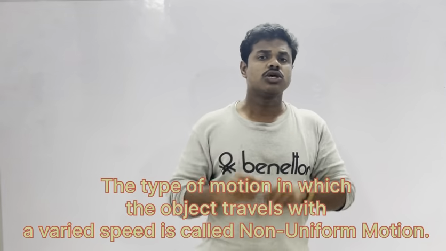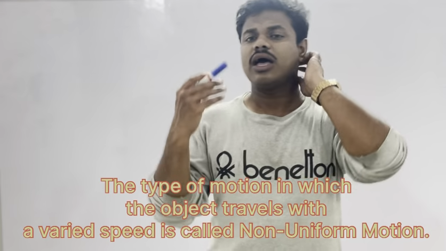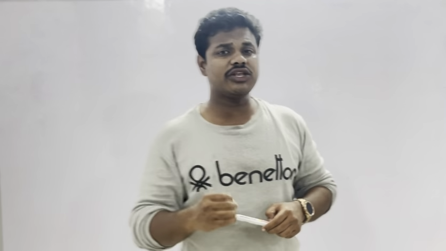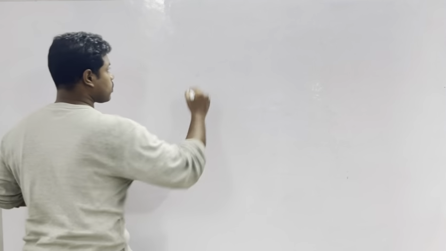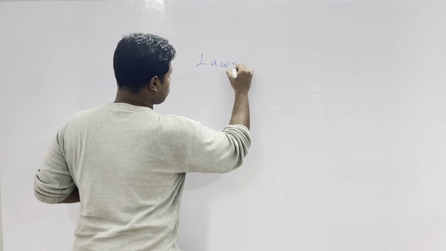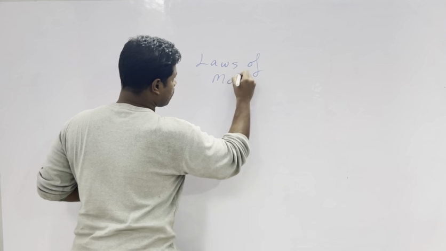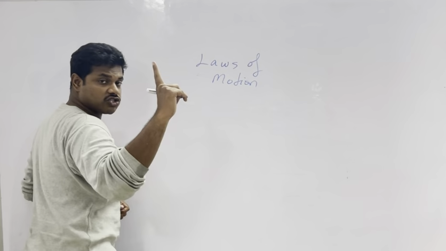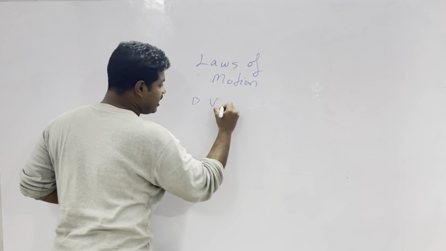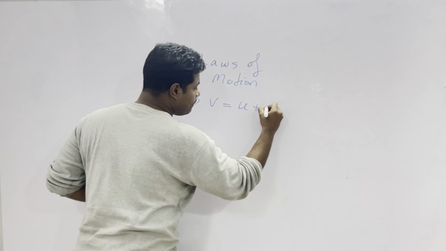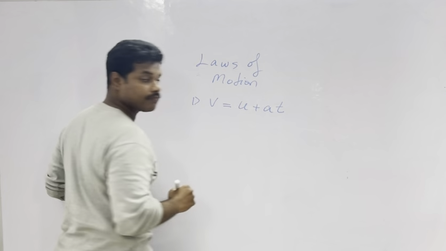Now, my dear students, when you talk about motion, we remember Sir Isaac Newton. Sir Isaac Newton had proposed 3 rules for motion, also known as laws of motion or equations of motion. The first law is V is equal to U plus AT.